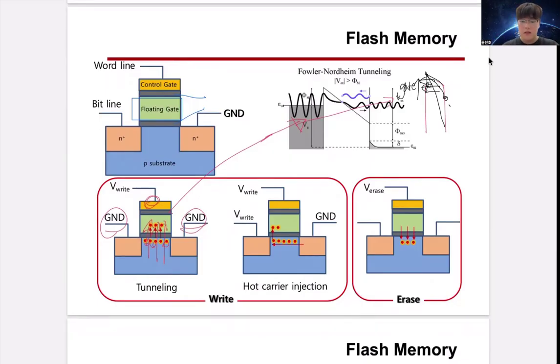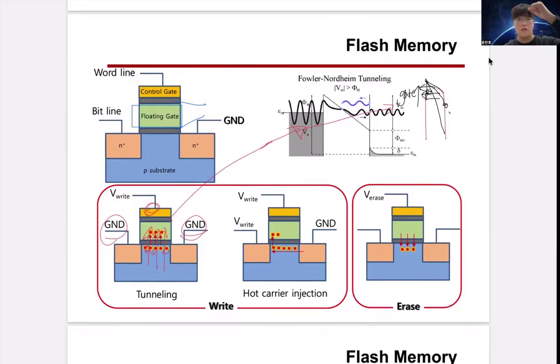If we apply the gate bias and drain bias, and the source is grounded, as we can see in this picture. If we apply a high drain bias, there will be a very powerful effect in the lateral direction. And if we also apply the gate bias, there's an effect from that too.